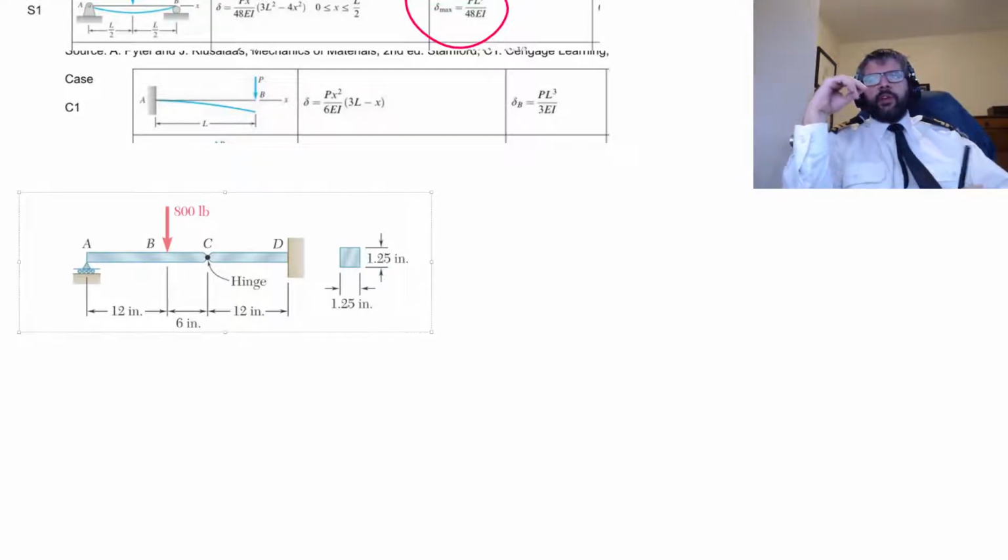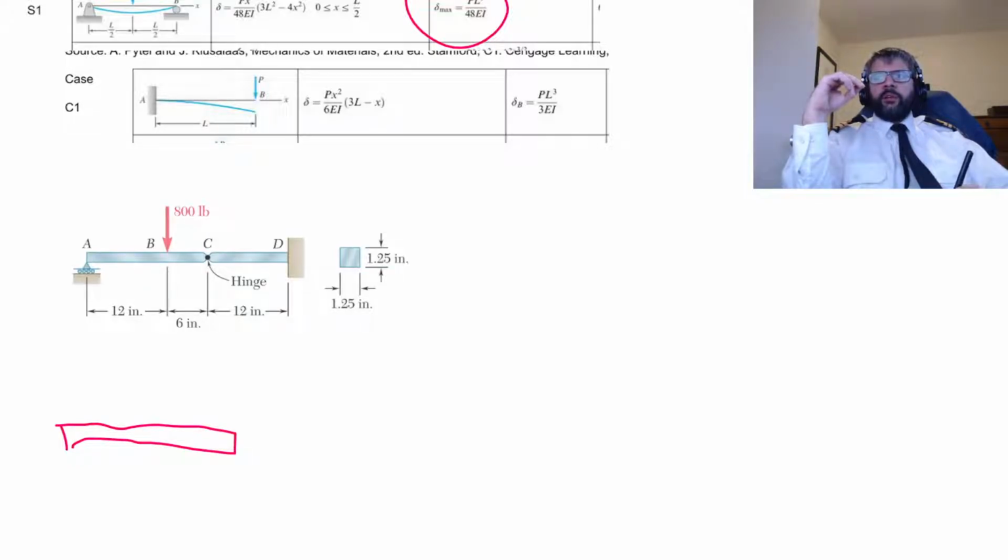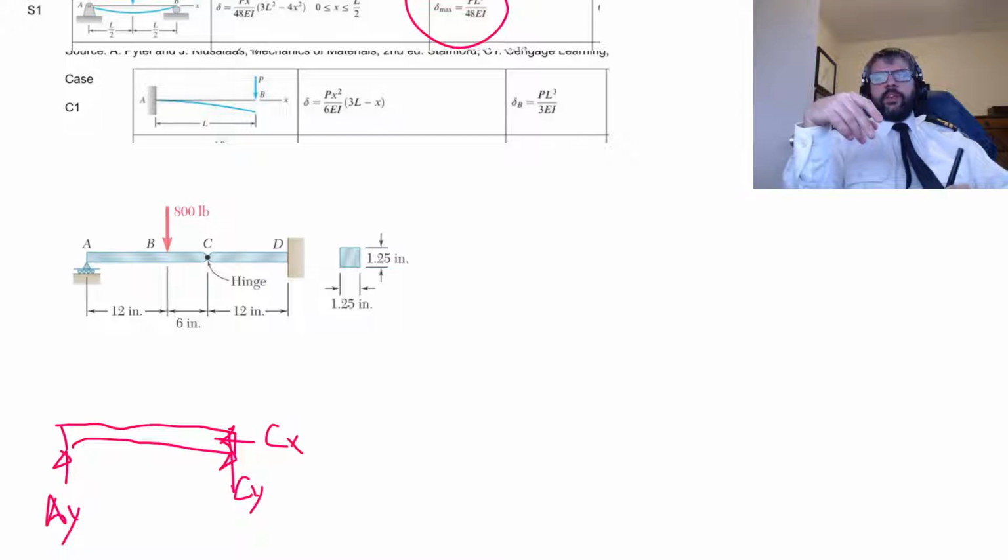Because if we just take a free body diagram of ABC, we're going to have some force Cy at the hinge. We're going to have a force Ay, a force Cx at the hinge that equals 0, and then we've got this 800-pound force right there.